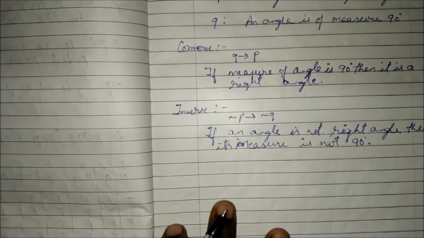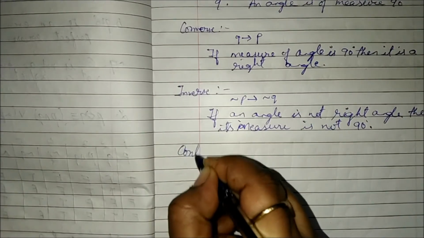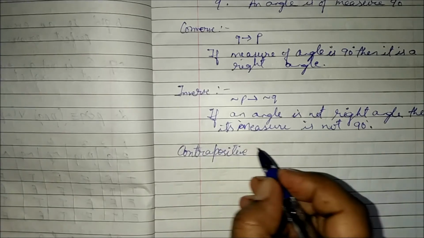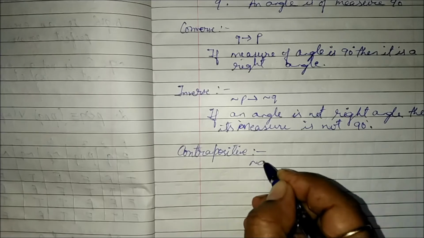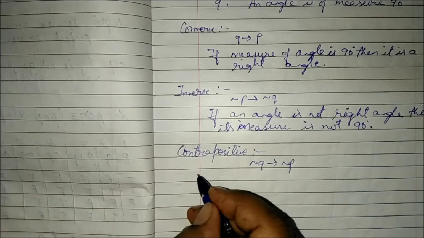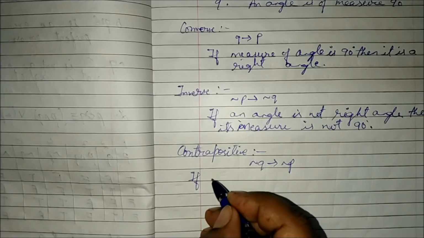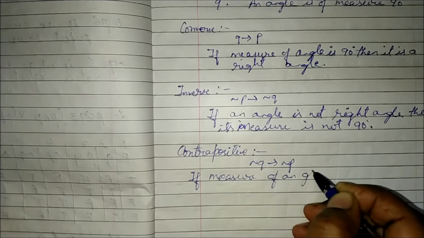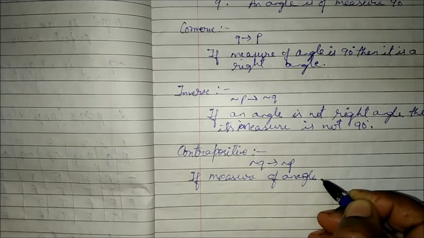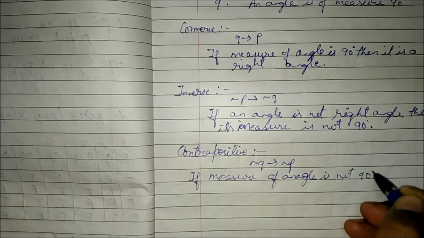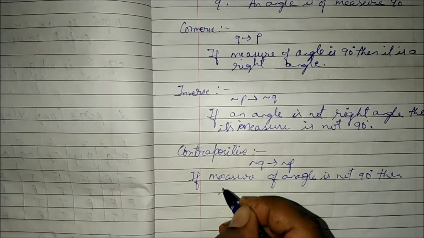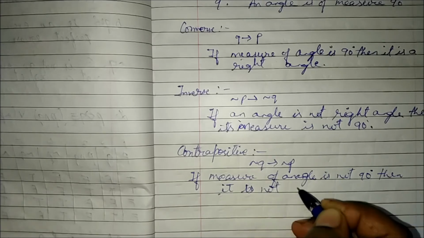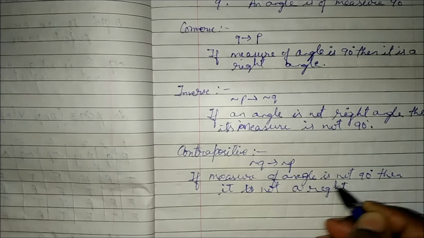Now we have to find contrapositive. See, contrapositive means not Q implies not P. So we write, if measure of an angle is not 90 degree, then it is not a right angle.